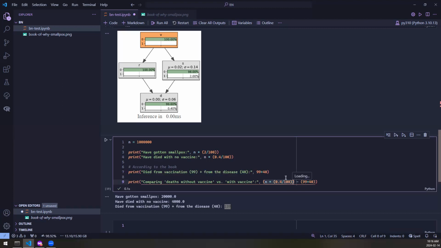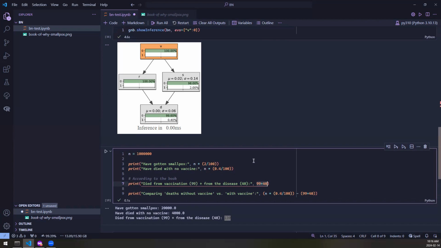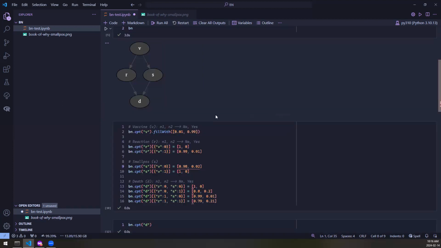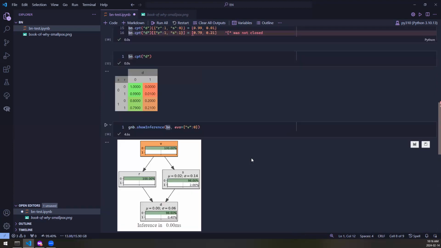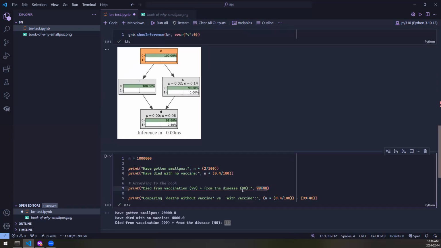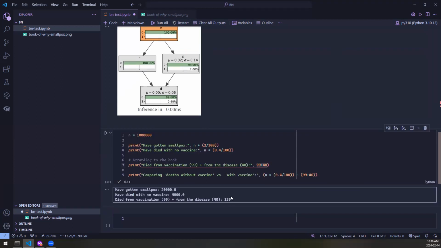And then here we are considering the situation where the people took the vaccine, that percentage that was described before, they took the vaccine, and even though they died from the disease. So we have these 139 children that died by taking the vaccine.